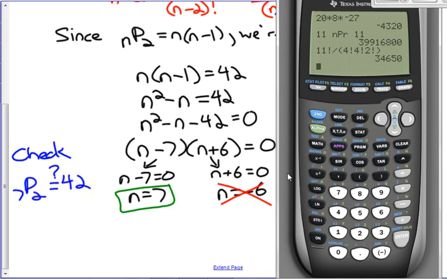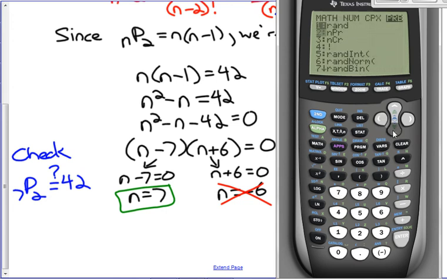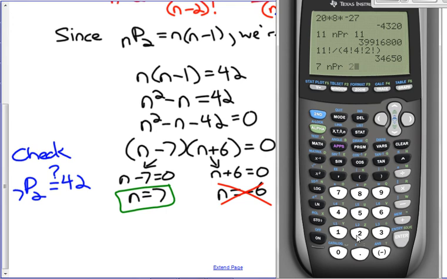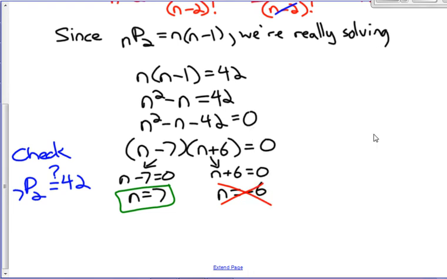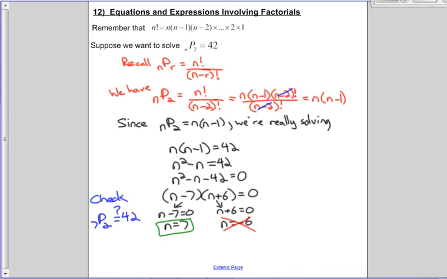Hopefully in the time it took me to write that down, you went and checked and said, oh yeah, sure does. Great. So n equals 7 is our answer. Now, if you have your calculator, it's probably just as fast to guess and test numbers here. There are only so many you can go through before you run into the answer. So the algebraic approach doesn't necessarily help that much in something this straightforward.